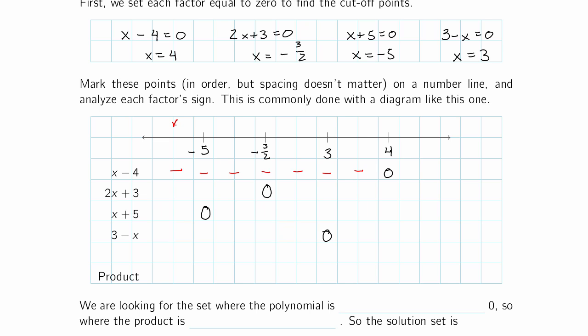So I'm thinking of each space. And I'm also thinking of each tick mark as I'm going through and marking these signs. If x is more than 4, then x minus 4 will be a positive number. Okay, so this one's a little bit harder to think of.